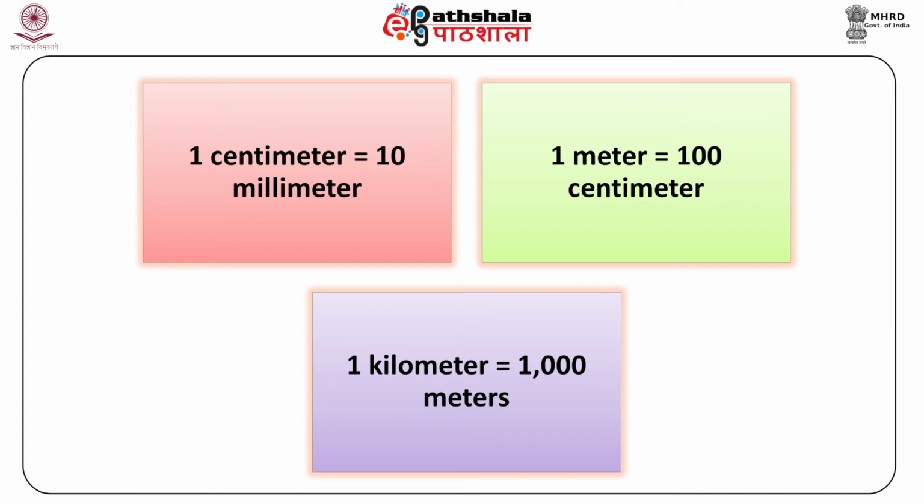The metric system is based on units of 10, which means 1 centimeter is equal to 10 millimeters, 1 meter is equal to 100 centimeters, and 1 kilometer is equal to 1000 meters.